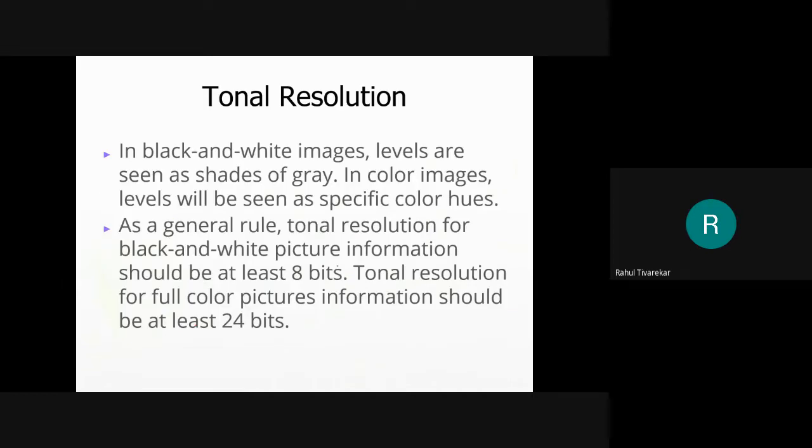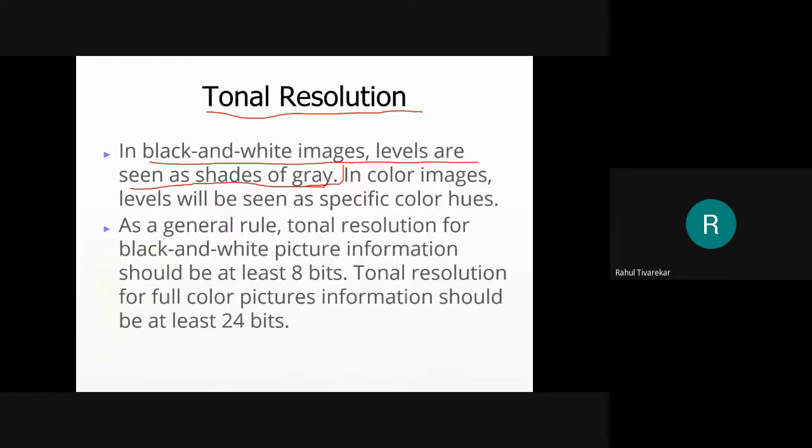And tonal resolution we already learned, it is simply varying the number of gray levels by keeping the spatial resolution constant. So we can have a black and white image where, in between black and white, we can see shades of gray, and we can have more gray levels to increase the tonal resolution.